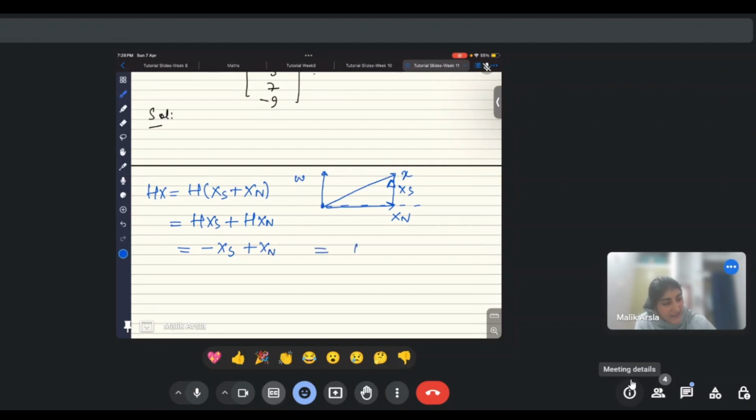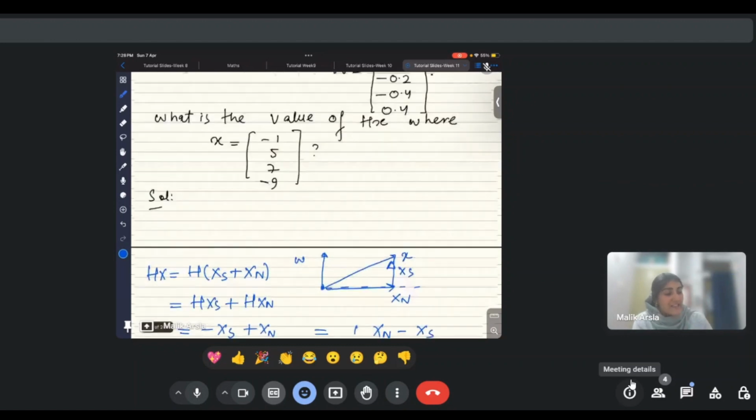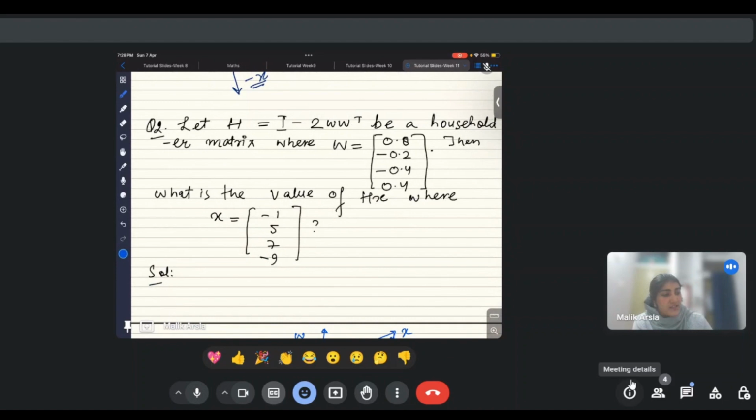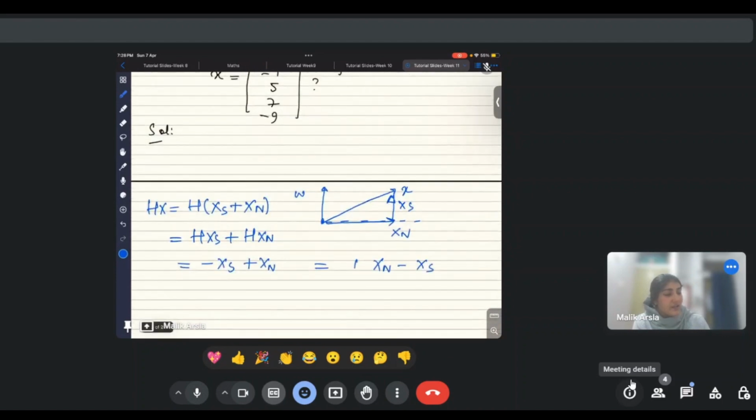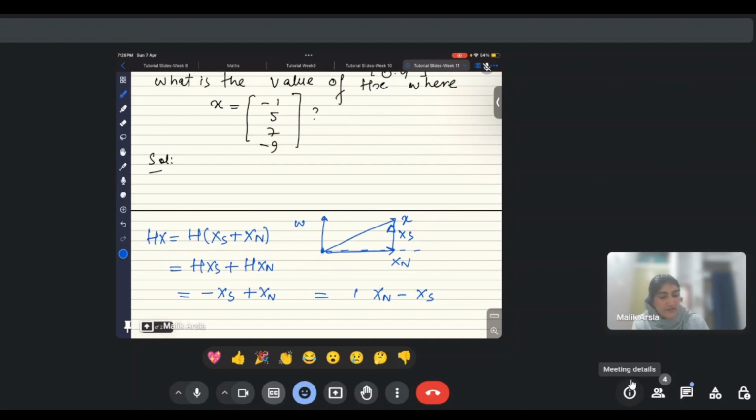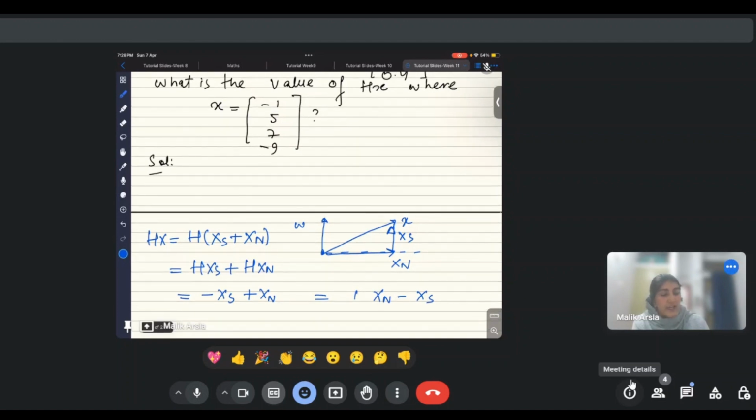So I can write it as xn minus xs, right? Now x has already been given to us. Firstly, we will find xs, the component of x along W. We know how to find it, simply with the dot product. After finding it, we know that Hx is equal to xn minus xs. So we will simply do that and find the value.